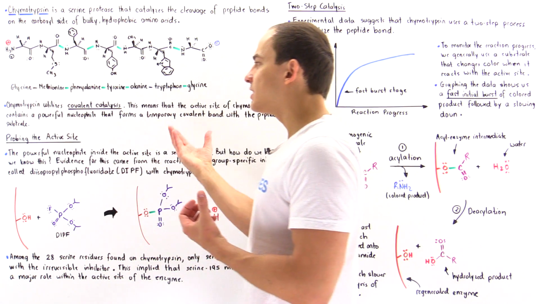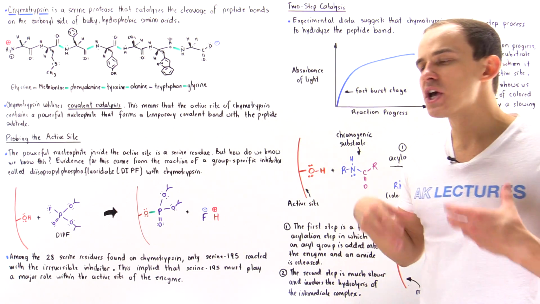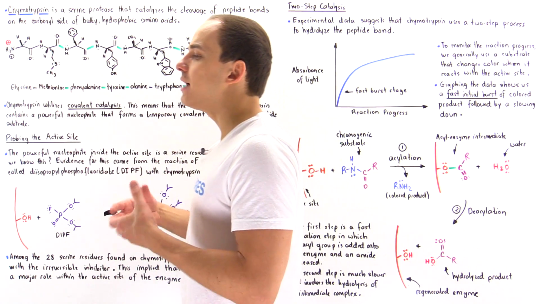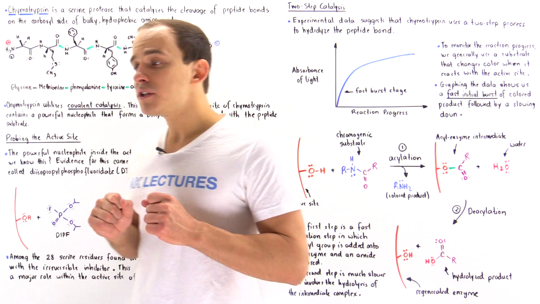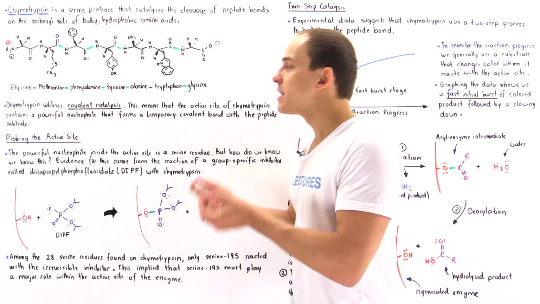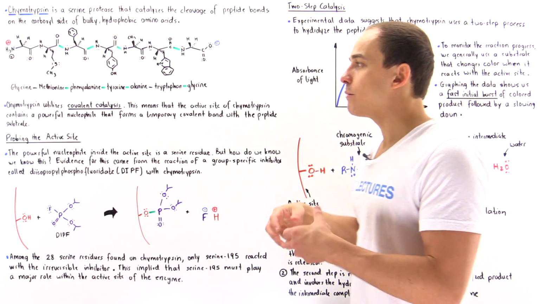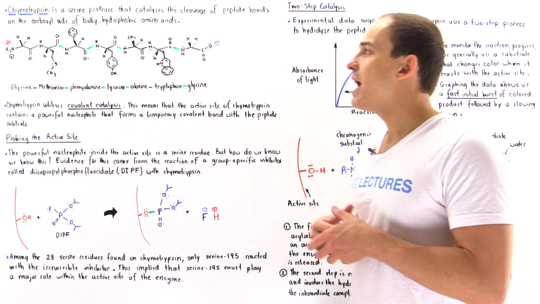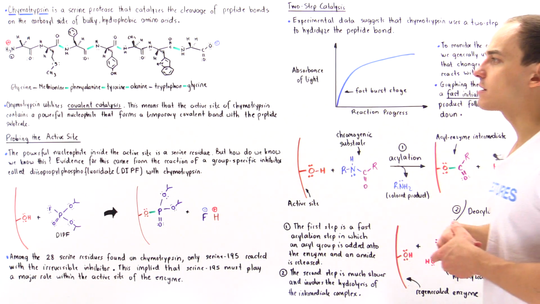We say that the covalent bond is temporary because at the end of the reaction, that bond is broken. That's important because we have to reform that unmodified enzyme, regenerating it at the end of any enzyme catalyzed reaction.